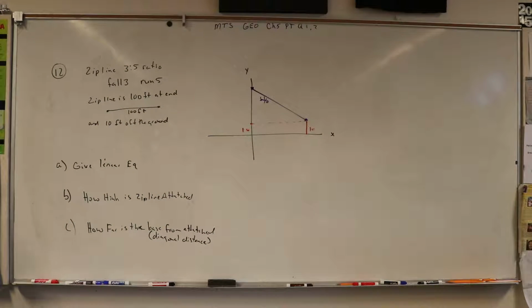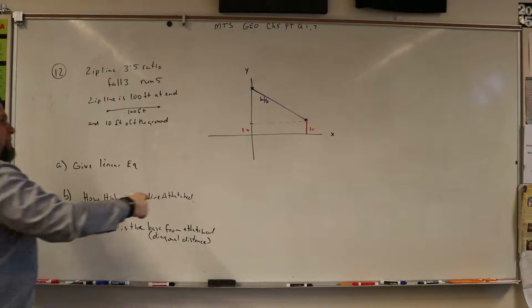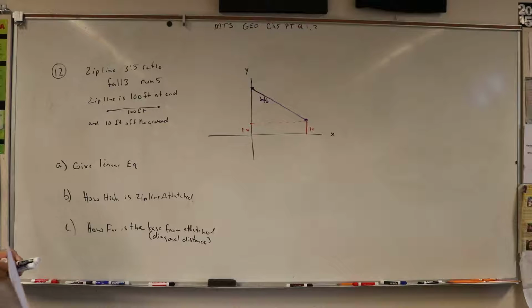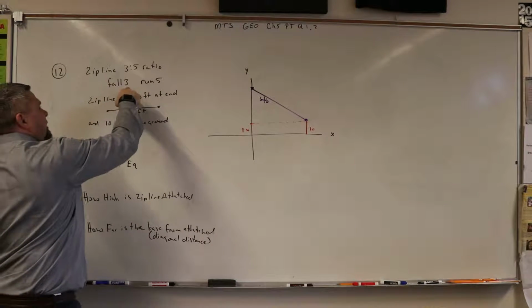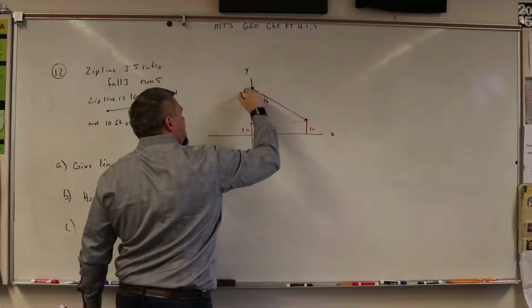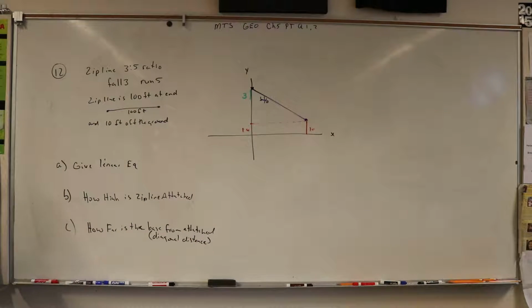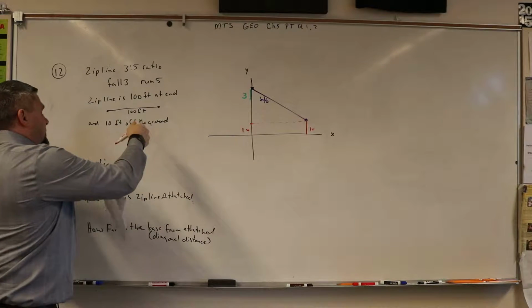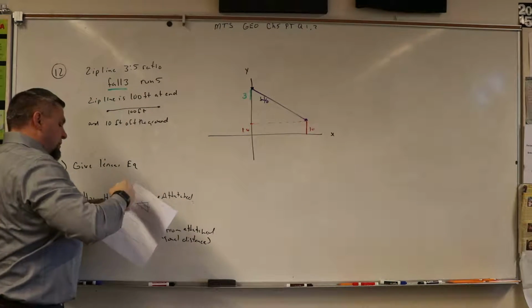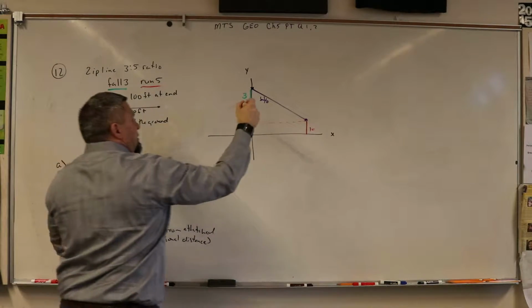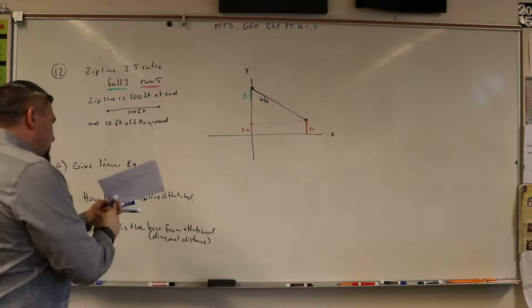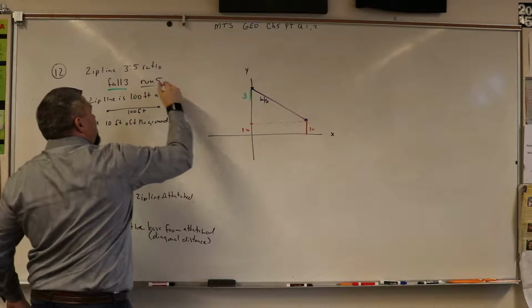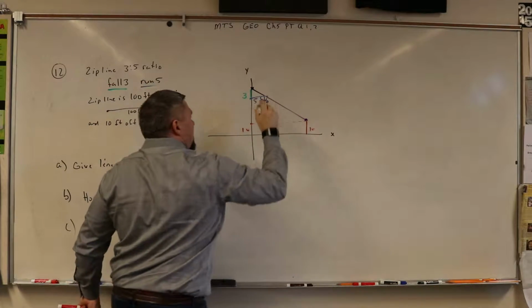Then we have this right triangle. The other thing it says is that the fall is 3, and the run, let's do that in blue, the run is 5.